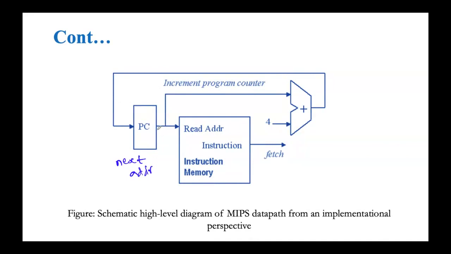Okay, so the output of that next instruction address will be given as an input to your instruction memory. Which operation is happening here in the data path? In the instruction memory, upon the control signal read, it is reading the address of your instruction.